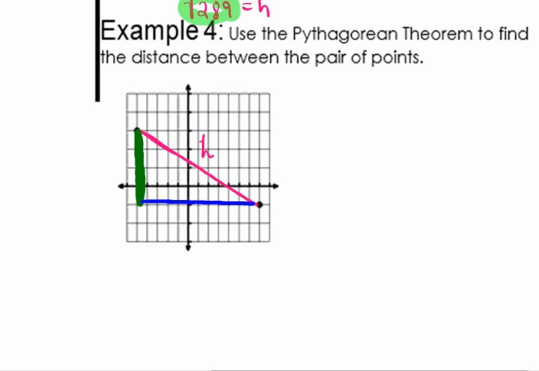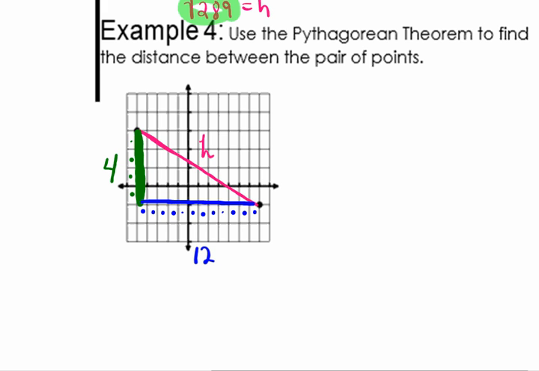So let's count. This is 1, 2, 3, 4, so this is 4 on that leg. And it's 1, 2, 3, 4, 5, 6, 7, 8, 9, 10, 11, 12. That's 12 on that leg.